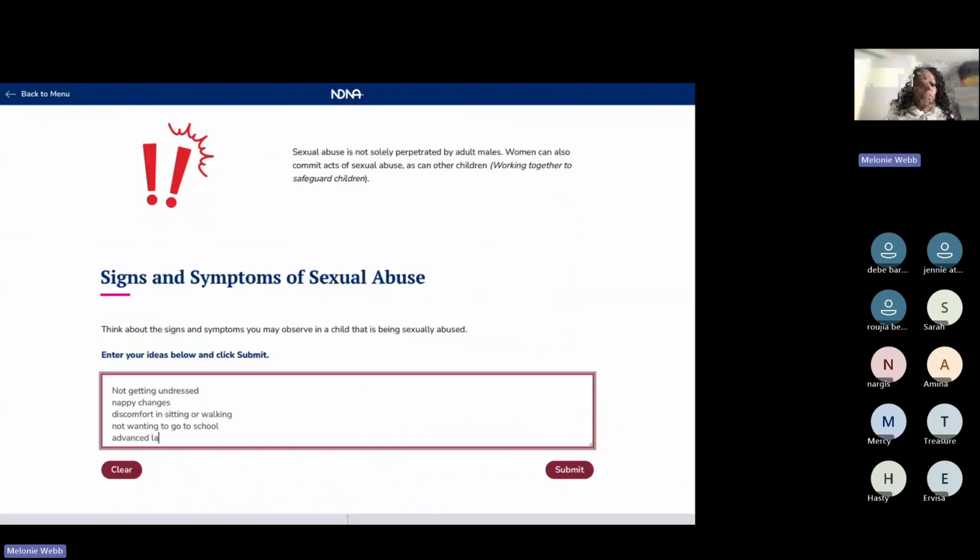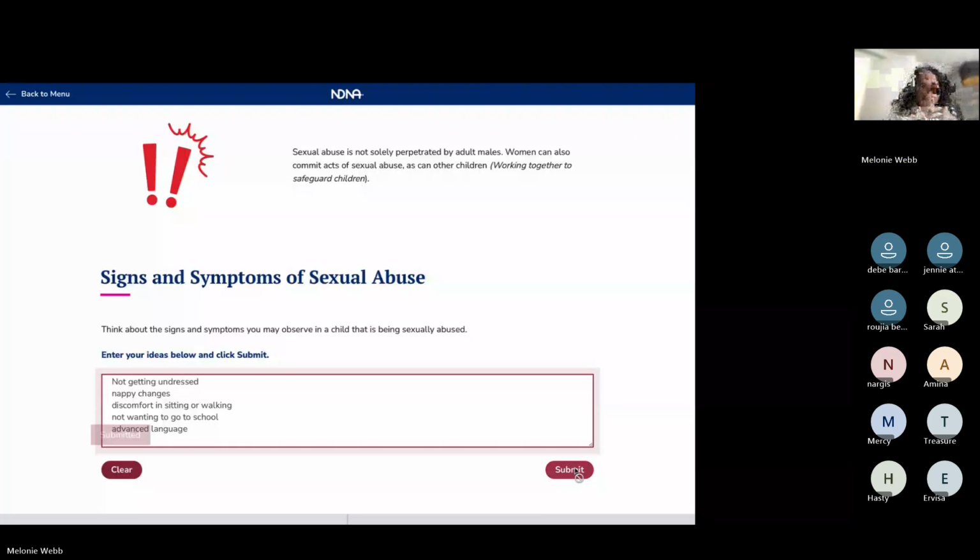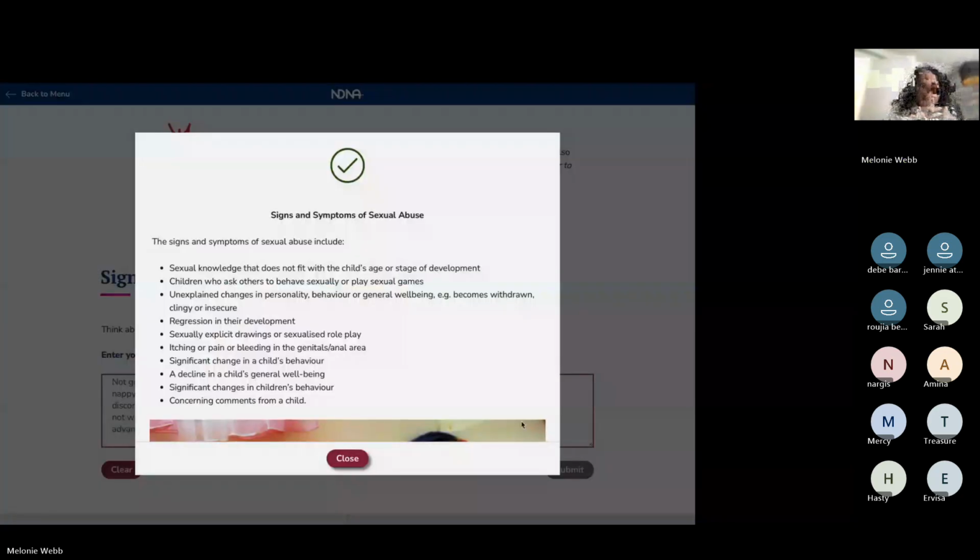Those children who are having really explicit conversations and having those discussions, or recognizing words that they just should not be aware of. Yep, not wanting to be alone with people, all of those, being told to keep secrets. Lovely. Last one, Deborah. Self-harm, yeah. Don't want to go home.